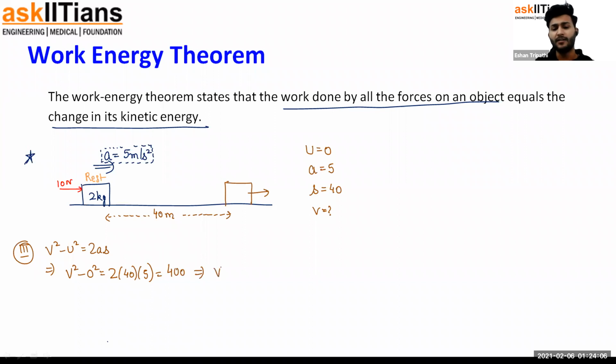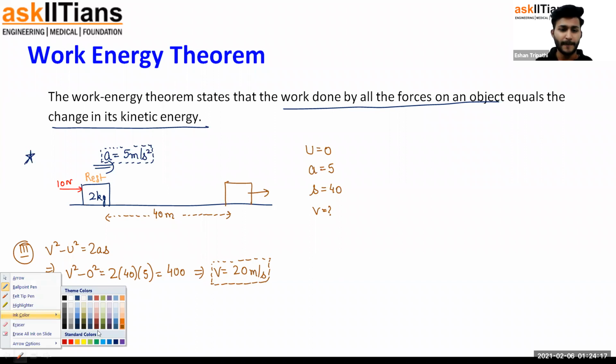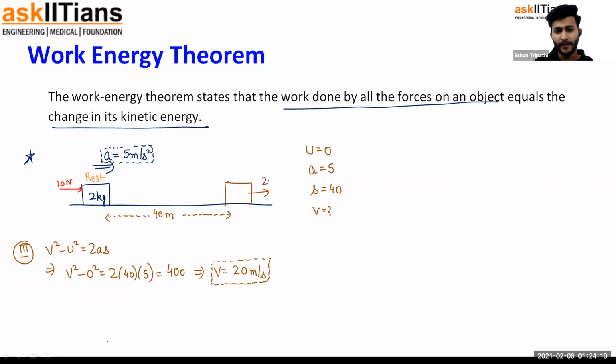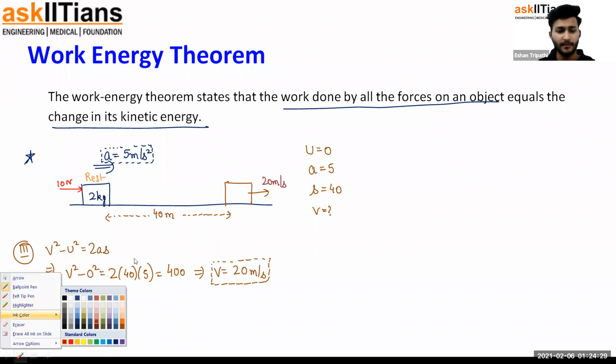So the velocity after displacement of 40 meters is 20 meters per second. So after this much displacement, the body is moving with a speed of 20 meters per second. Now let's see something interesting. How much is the work done by the force?